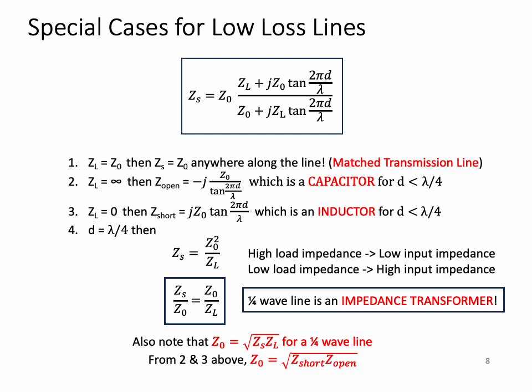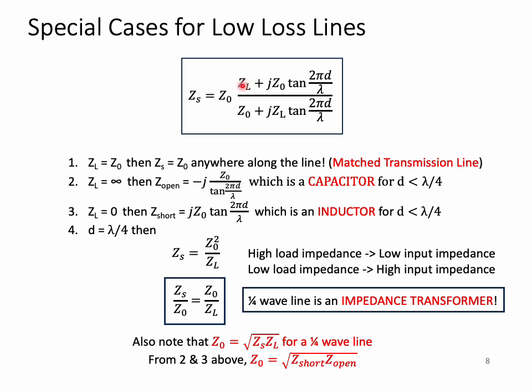Let's take a look again at that lossless case where we know that the impedance looking into the line at any given point is given by the relationship in the upper box. Let's look at 4 specific cases. One, when the impedance at the end of the line, in other words, the load impedance, is equal to the characteristic impedance Z0. If that's the case, you can see that this right-hand term turns to 1.